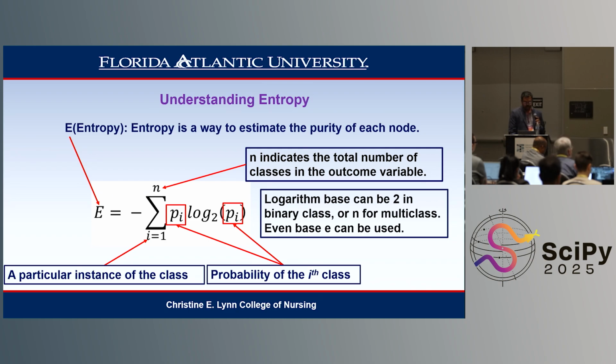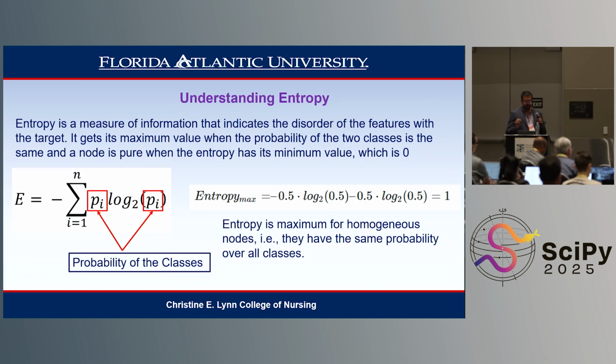So what is purity? Over here, the entropy is the probability of that particular class multiplied by log 2 of that probability of that particular class. Maybe I can show it to you over here. So let's say in a container there are 50 blue balls and 50 green balls. The probability of you randomly picking one is going to be 0.5, because it's an even mixture.